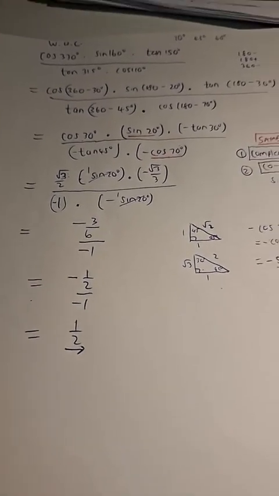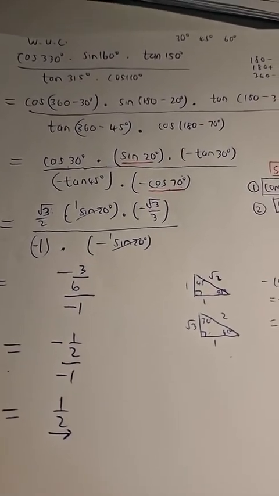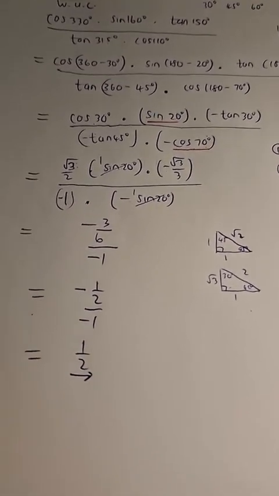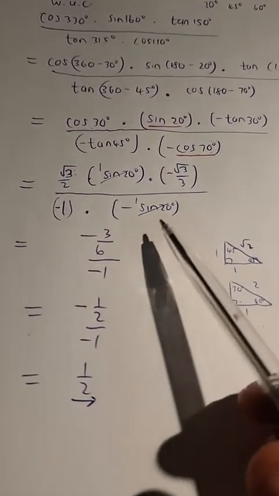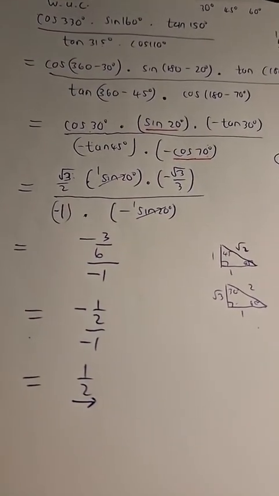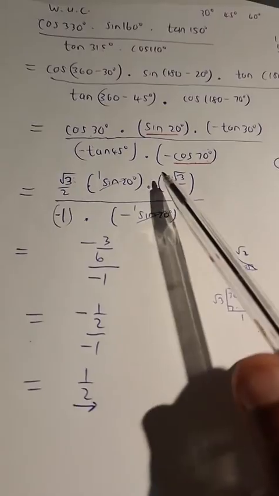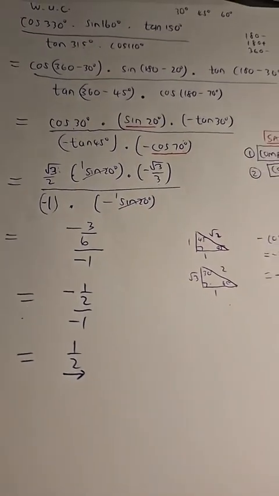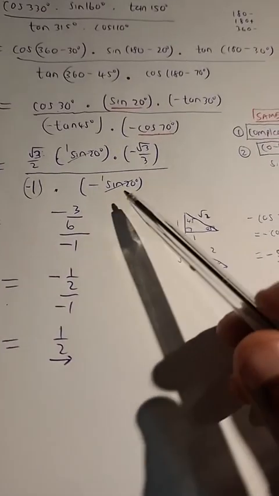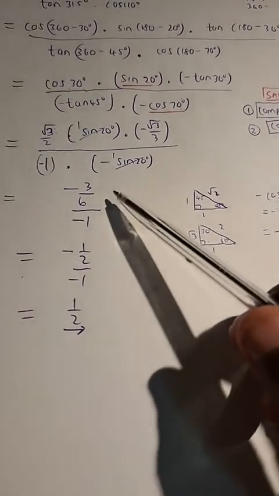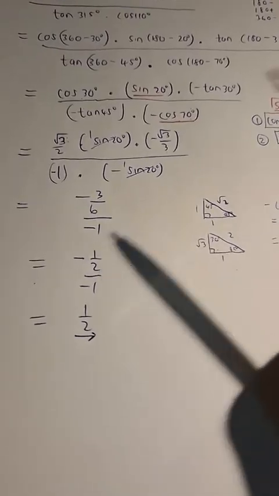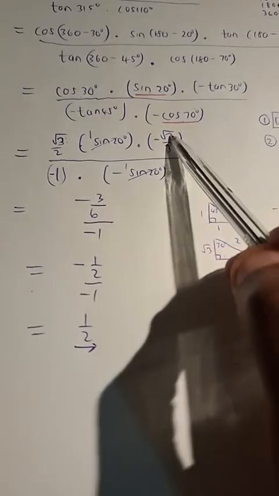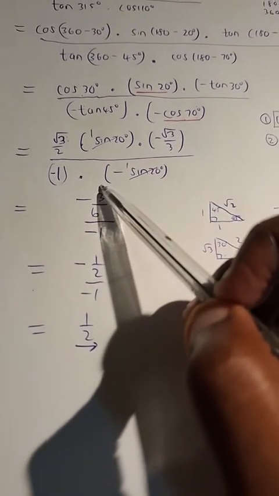Guys, do you see this? Okay. So, yeah, that's it. That's the answer. Okay. Root 3 times negative root 3 gives you negative 3.